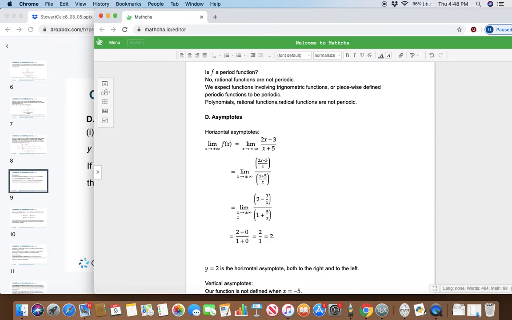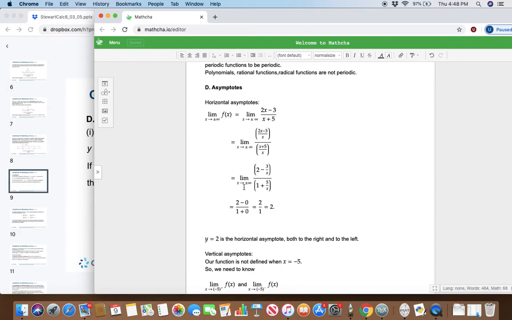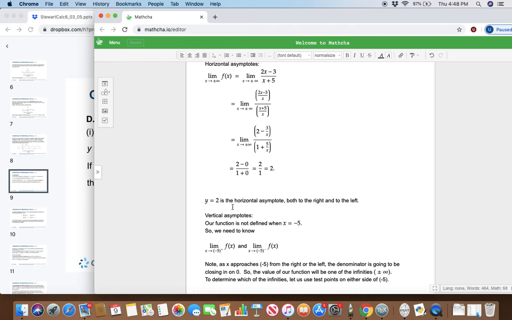Now if I take the limit as x approaches infinity, I get 2 here, 0 here, 1 here, and 0 here. So that is 2 upstairs and 1 downstairs, in all a 2. That is, y equals 2 is the horizontal asymptote, both to the right and to the left.